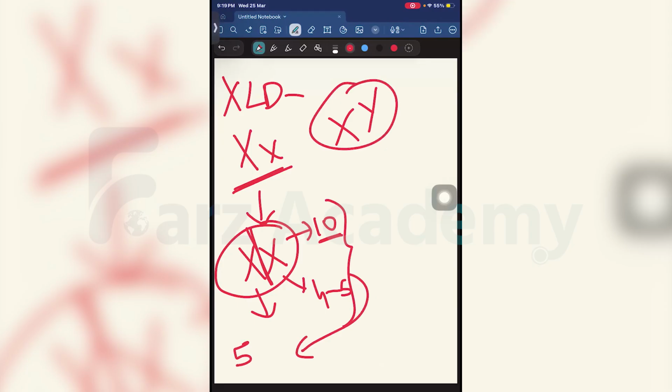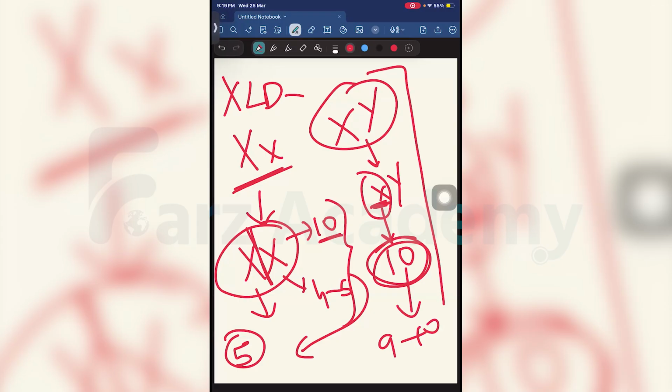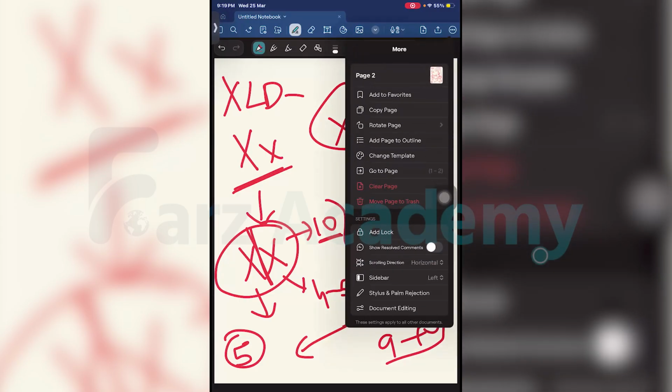But when I come to this individual, the entire burden is on one X chromosome. That is why my entire set of 10 functions would be affected. And instead of 5 symptoms, the male counterpart will come with 9 to 10 symptoms. So can I say the male counterpart is going to have more severe disease than the female counterpart?